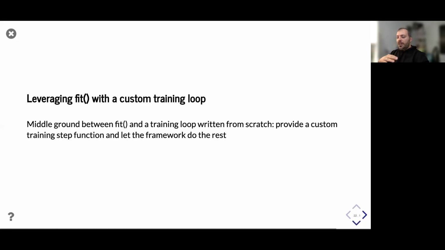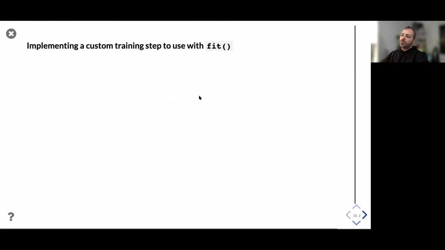So there is a middle ground between using the fit as is and writing from scratch. And this is what we will see now, that you can use all the functionality that the Keras model provides, compile, fit, evaluation, etc., but with a custom train step. Let's see how this works.